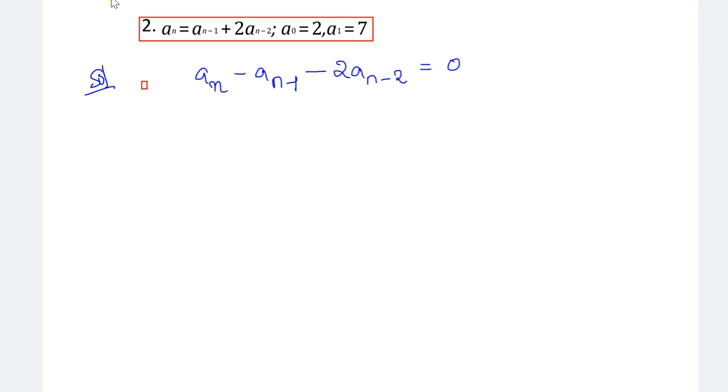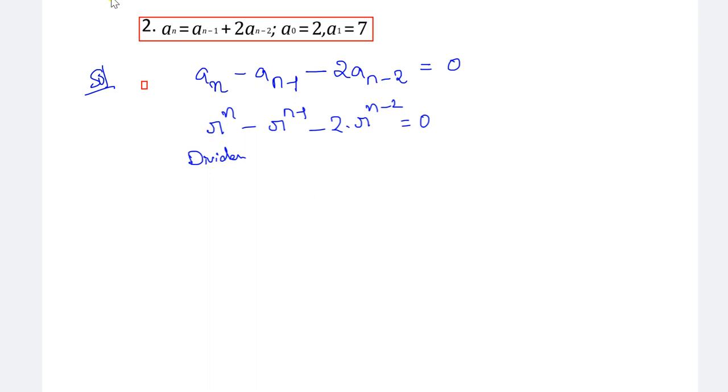This is a plus sign, this is a plus sign, so both the signs are minus only. And the next, convert into our form, that is r to the power of n minus r to the power of n minus 1 minus 2 into r to the power of n minus 2 equal to 0.